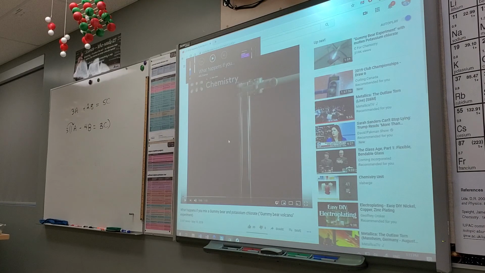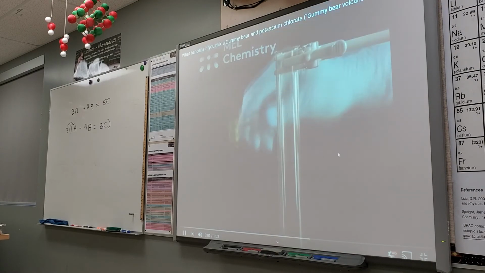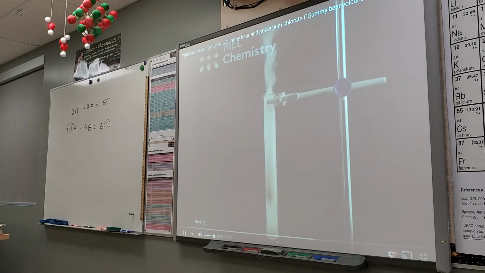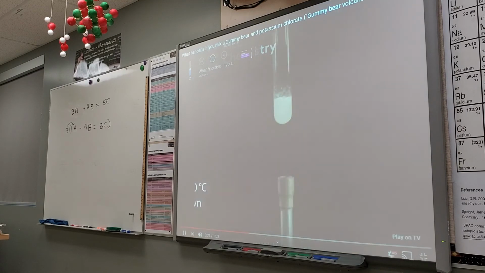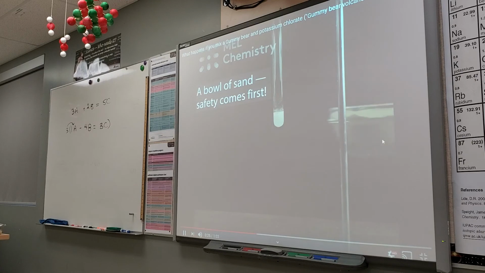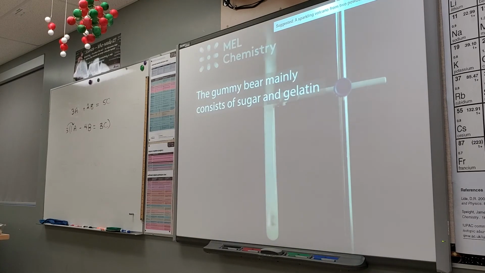Sulfur is solid. So Akua, we've seen reactions that weren't particularly violent, right? You mix 2 things together and nothing really happens. Here is potassium chlorate or potassium perchlorate, whatever you want, and then we're going to add a gummy bear to it.